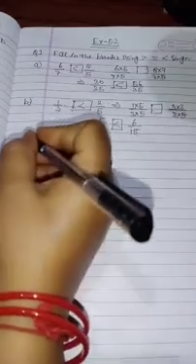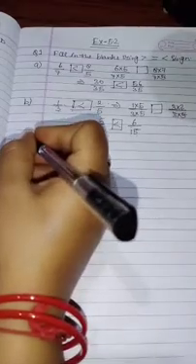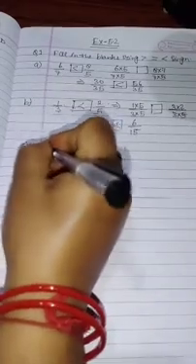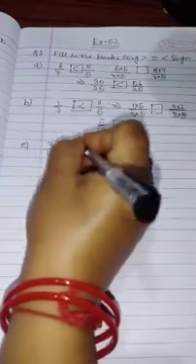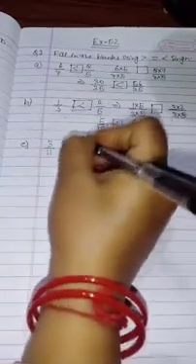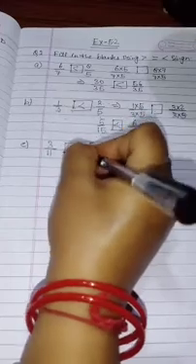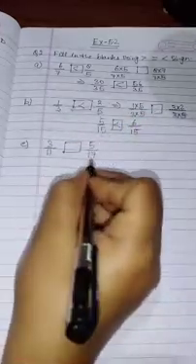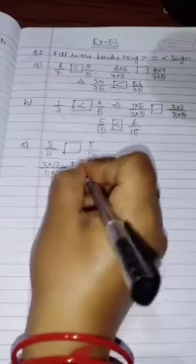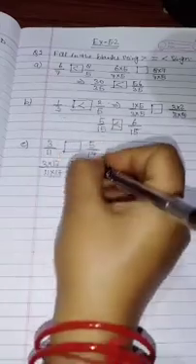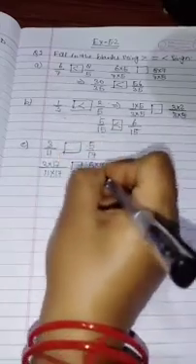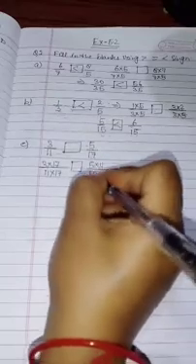Okay, now see the C part. 3 upon 11, make a box, and 5 upon 17. Again, 3 into 17 will come here, 3 into 17 upon 11 into 17, then make a box, then 5 into 11 upon 11 into 17.